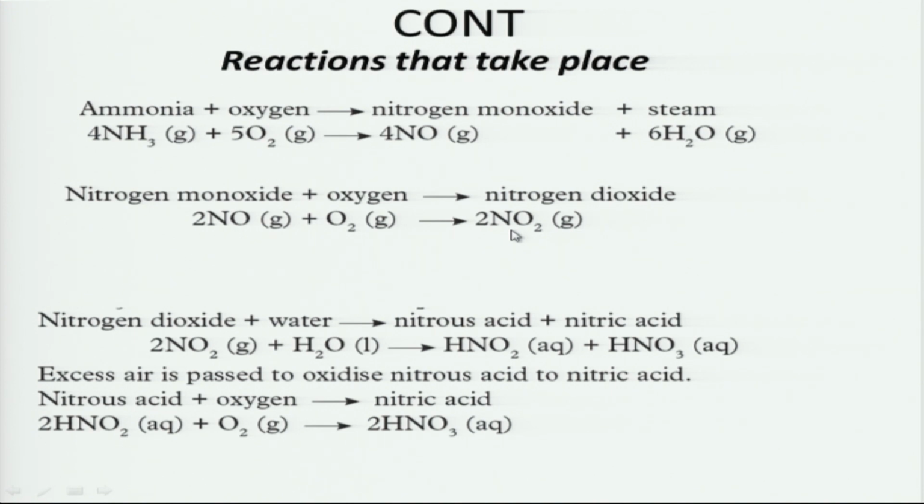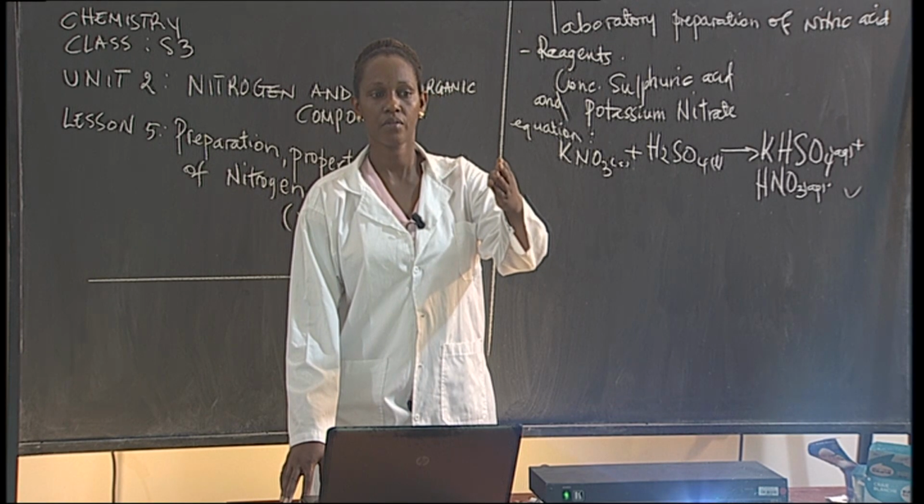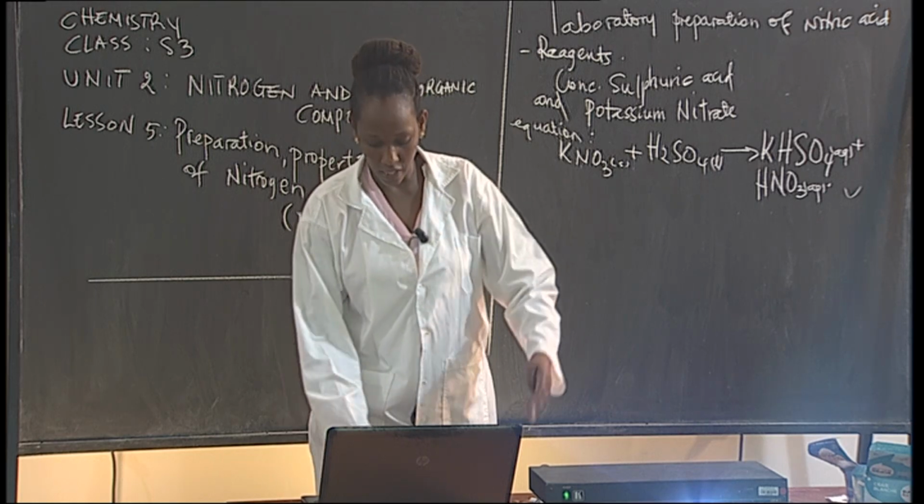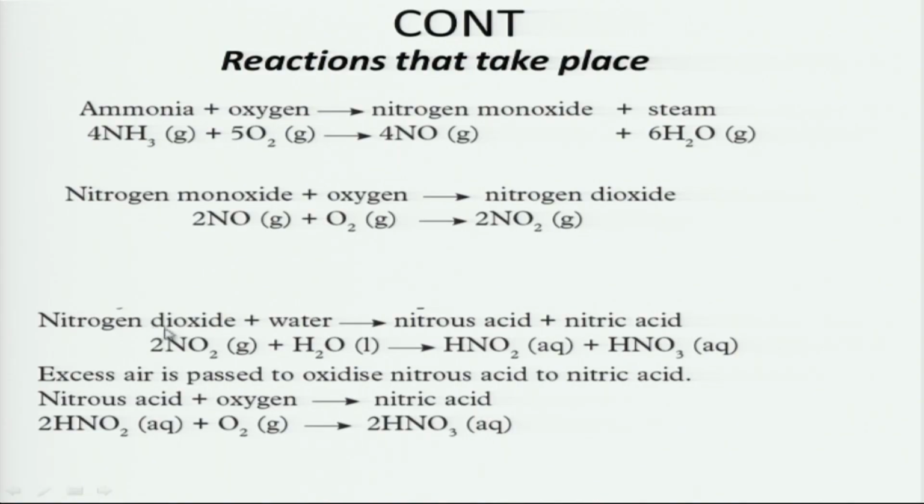That is the second step. The third thing, to the nitrogen dioxide you add water. Remember in the raw materials we have water. You add water, you get nitrous acid and nitric acid. The excess air is also passed to oxidize nitrous acid to nitric acid so that you get an abundance of nitric acid.